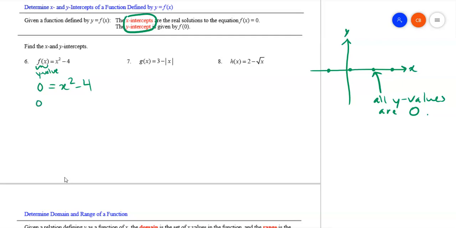And so here there's a couple of ways that we can do it. The way that comes to mind for me would be to actually factor this one. Adding 4 to both sides is okay. But we can factor this one: x plus 2, x minus 2. I want to show this one because this is a difference of squares, a special type of thing that we can factor.